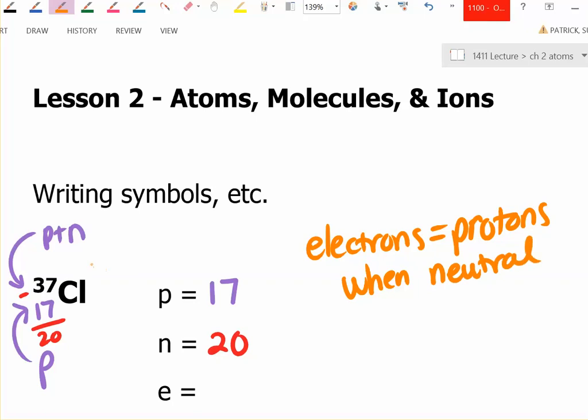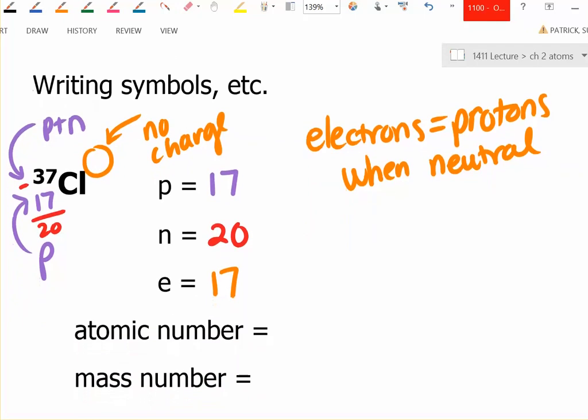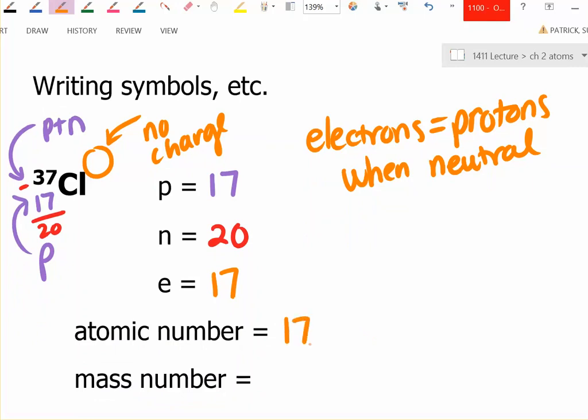The way that I know it's neutral is that there's no charge shown, so I'll assume it's neutral, which means that I've got 17 electrons as well. So same example, if I ask the question, what's the atomic number? The atomic number is the number of protons, so it's 17. What's the mass number? Mass number is protons plus neutrons, it's 37.